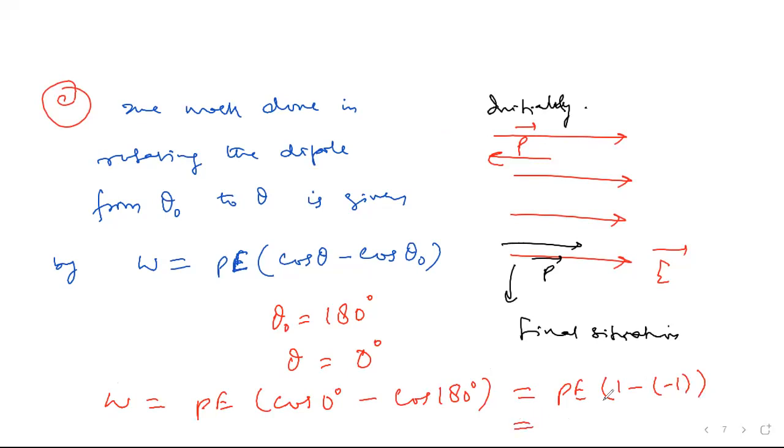It becomes 1 minus minus 1, which is 1 plus 1, which is 2. It becomes 2PE, right? Cos 0 is 1, cos 180 degrees is minus 1. 1 minus minus 1 is 1 plus 1, which is 2. That is 2PE.